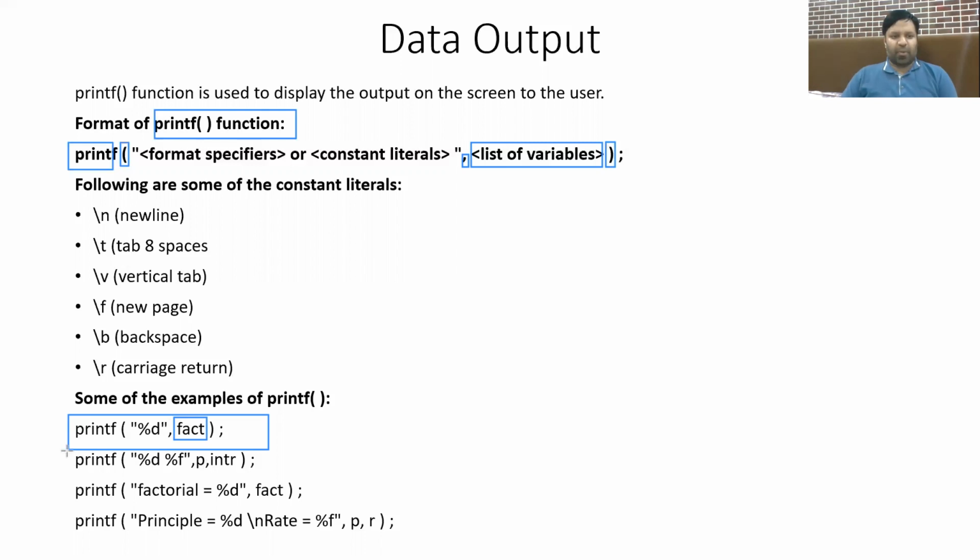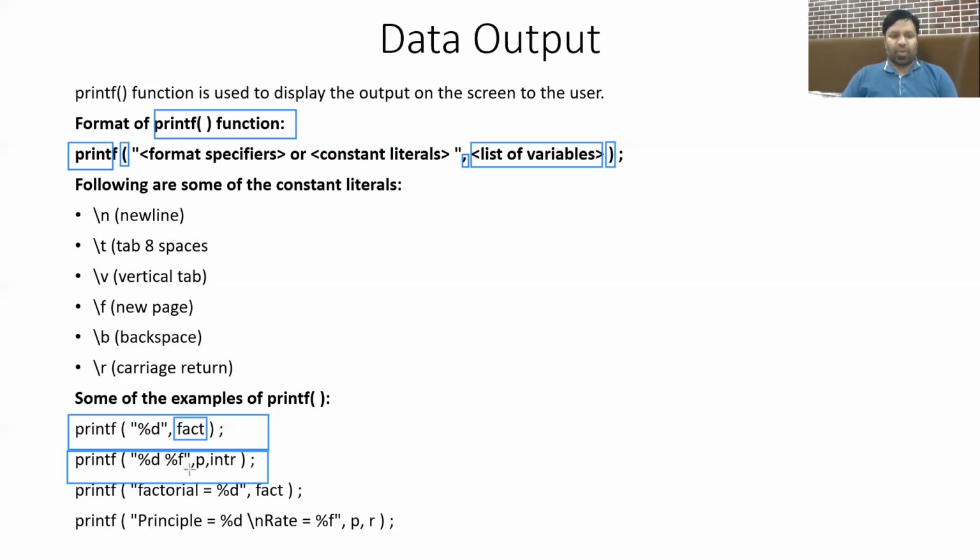Now let's have a look at the second example. In this example, within the double quotes, we have used two format specifiers. One is %d and the second one is %f, which means we want to display the value of two variables on the screen. The first variable will be of integer data type and the second variable will be of float data type.